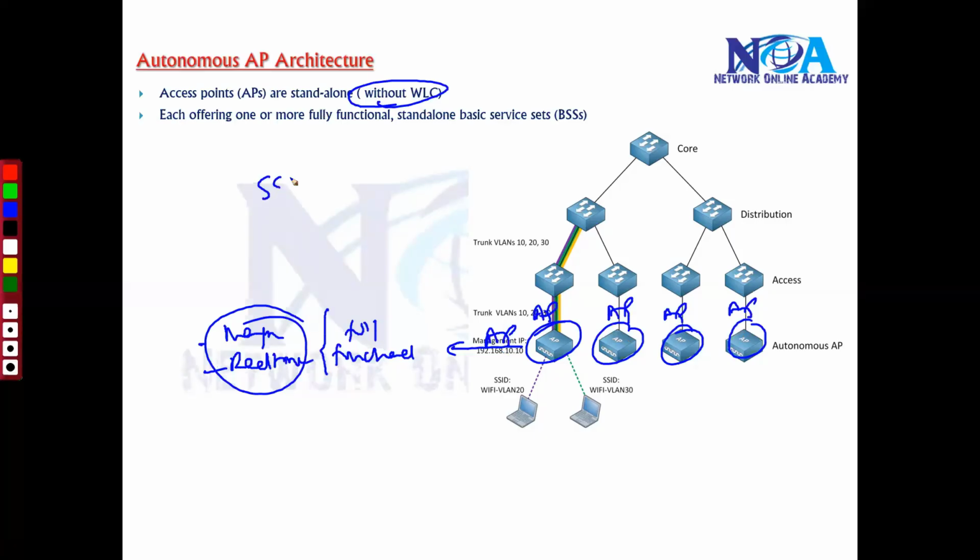Whether you need to configure the SSIDs, the radio frequency channels, or security settings like passwords, you have to do it individually on each and every access point. So, as I said, technically this is not scalable in bigger scenarios.